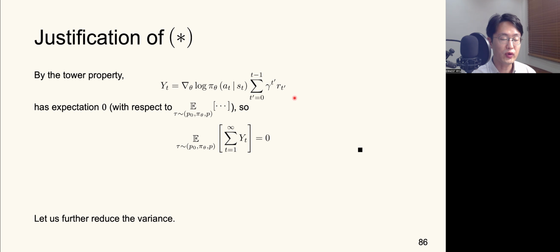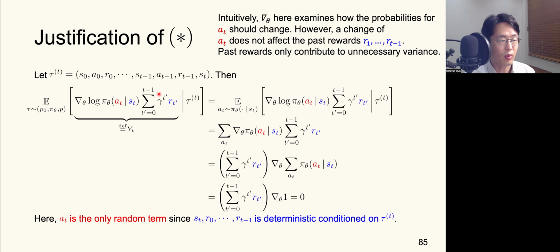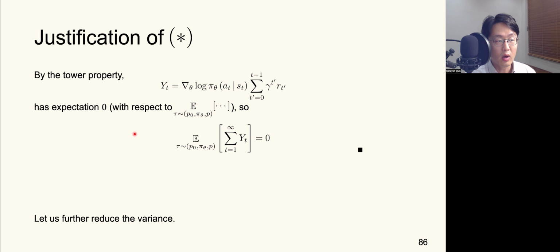Then to further complete the analysis, this quantity yt, remember yt was defined as this thing within this conditional expectation, and we've established that the conditional expectation of yt is equal to 0. Then by the Tower property, the total expectation of yt is equal to 0. And if we have a summation over all the yt's, that's going to be equal to 0.